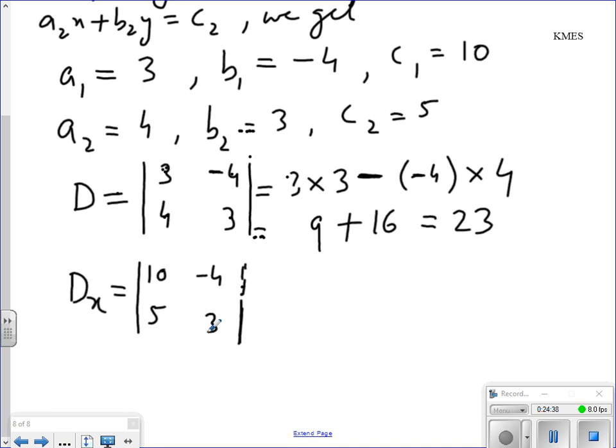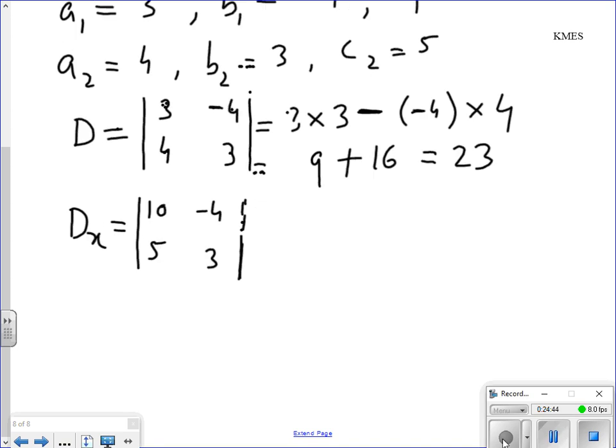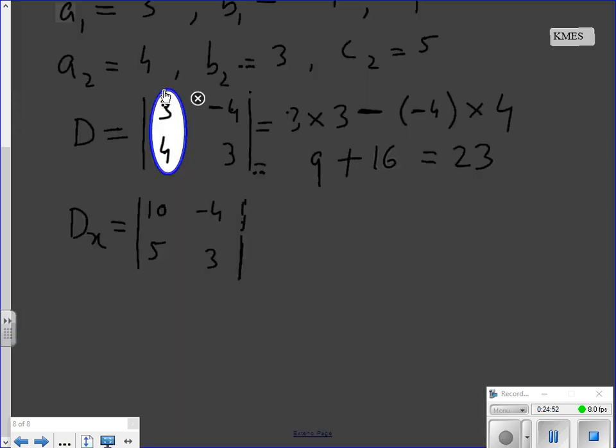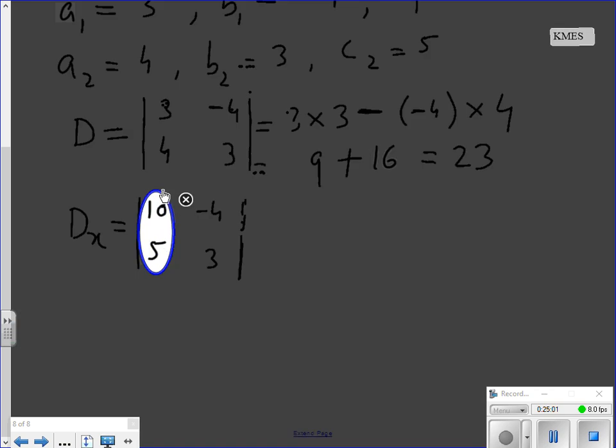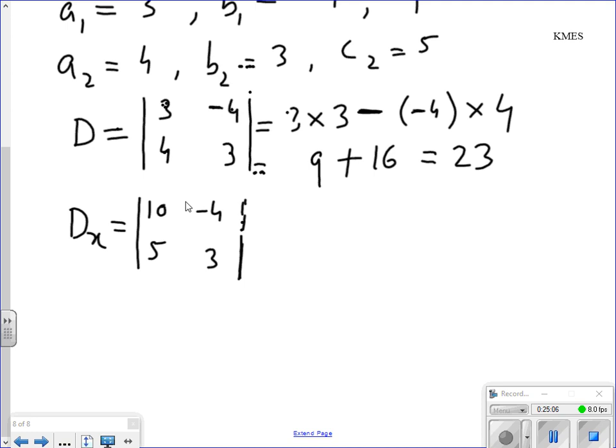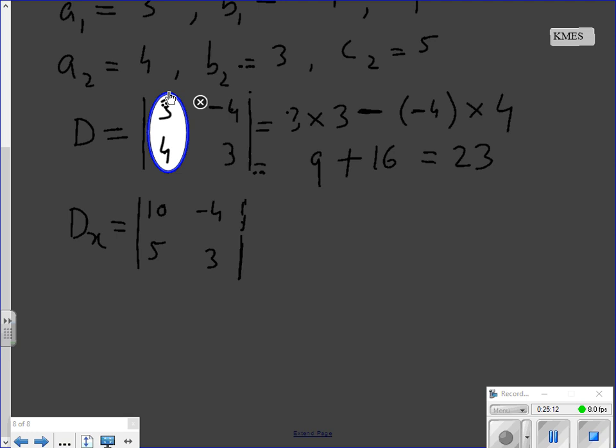Once again, check out: A1, A2 is replaced by C1, C2.